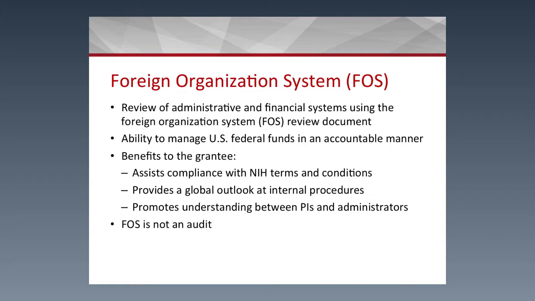You may at one point or another be required to participate in a financial system review, which is called a Foreign Organization System Review. This is really not an audit, but an assessment or review done to assess the ability to manage US federal funds in an accountable manner. Usually it will be contracted to a third party by the funder.